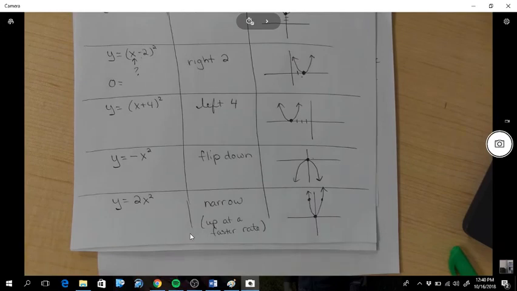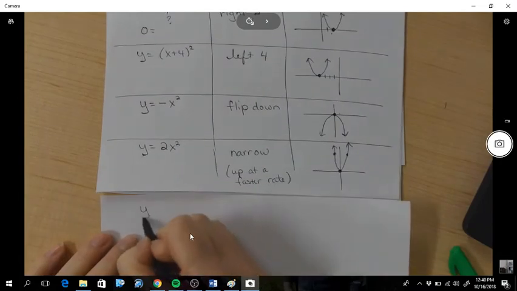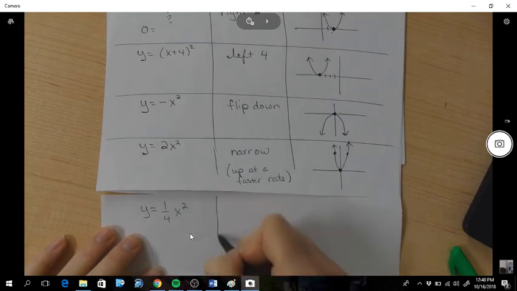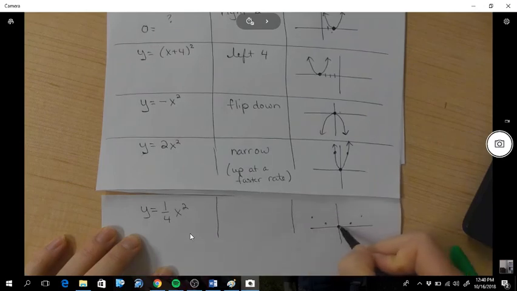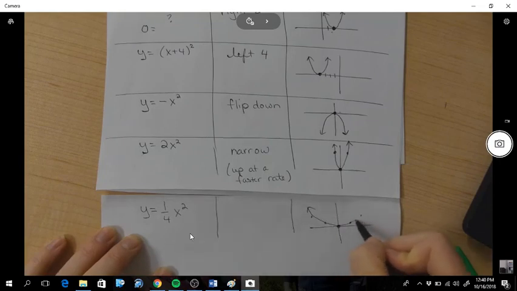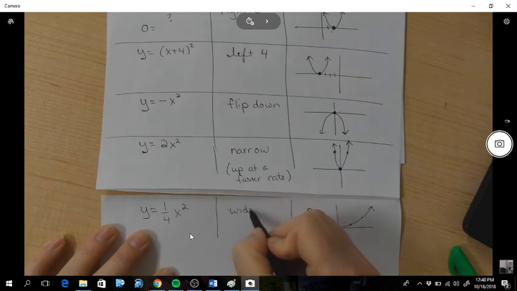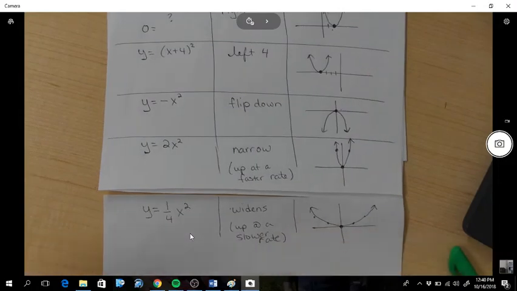Because you're going up faster. Okay, so then what about this? Okay, well this time you're going to go up at a slower rate. So then you're going to get, it widens or flattens. And the reason is you're up at a slower rate. Okay, that is the transformations.